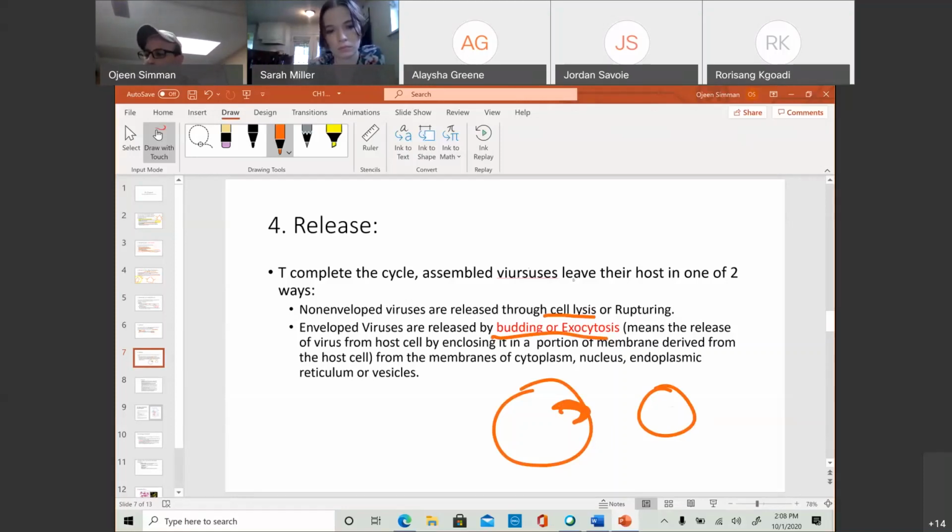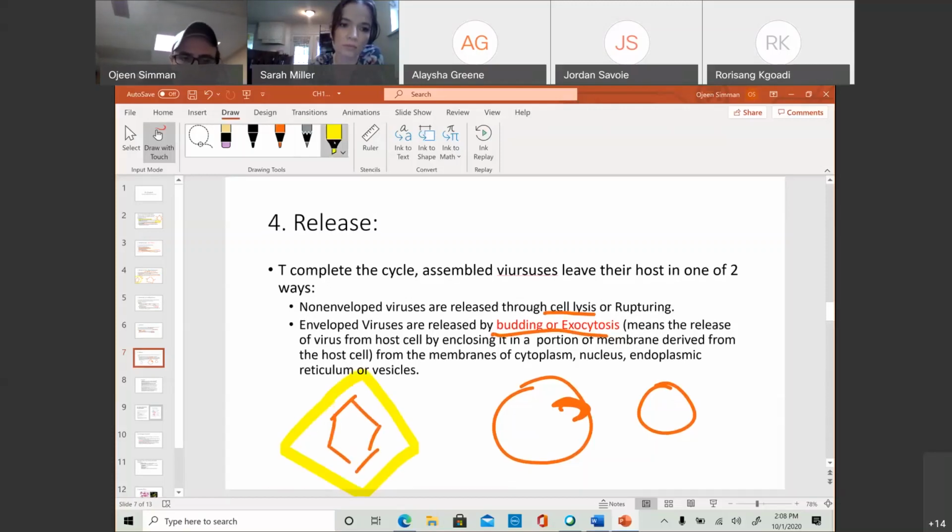I want to make a point here that enveloped viruses, this is a question that students always get wrong. An enveloped virus gets its envelope from the host cell during this stage, the release stage, okay?